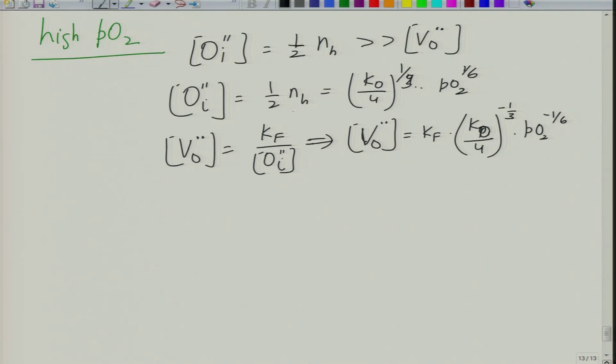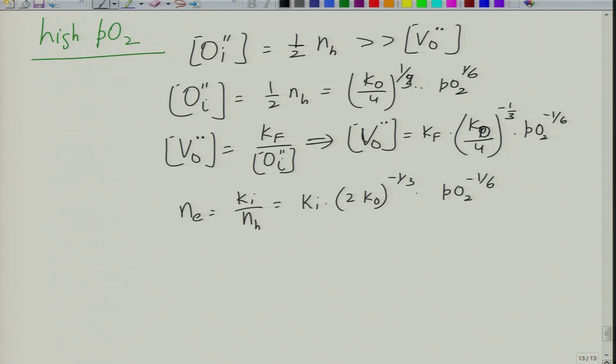Similarly, we know NE is equal to KI divided by NH, and this can be worked out as KI into 2 KO to the power minus 1 over 3 into PO to the power minus 1 over 6. One thing you can see is that no matter what the situation is, VO and NE always go as P to the power minus something, and OI and NH always go as P to the power plus something.